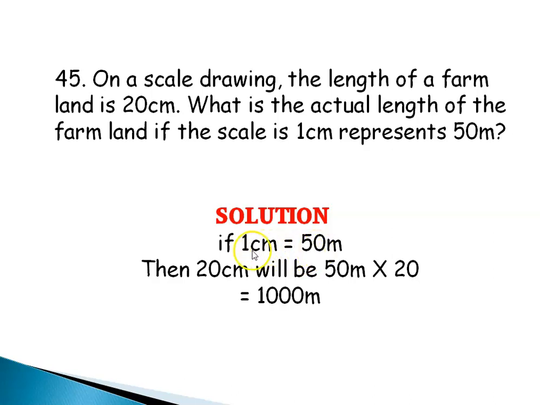You can put your x here and say 20 centimeters is equal to x, and then by the time I cross multiply, I'll have my 50 times 20. So that will give me 1000 meters. If 1 centimeter is equal to 50 meters, then 20 centimeters will be what? 50 times 20, 1000 meters.